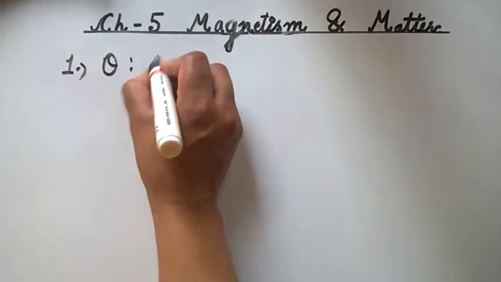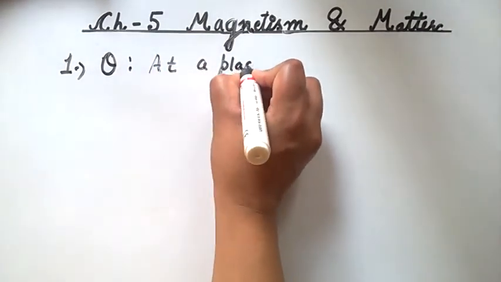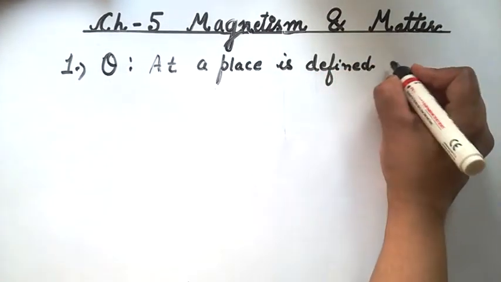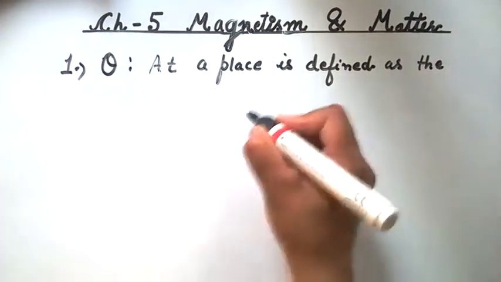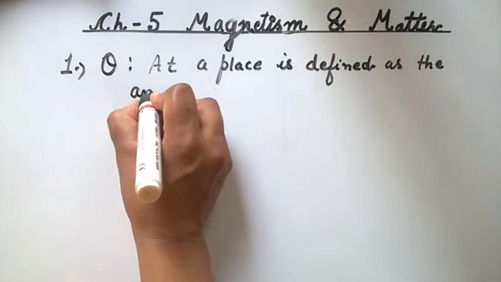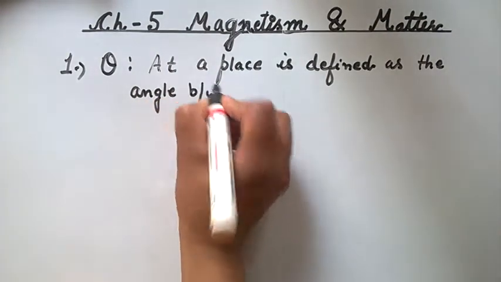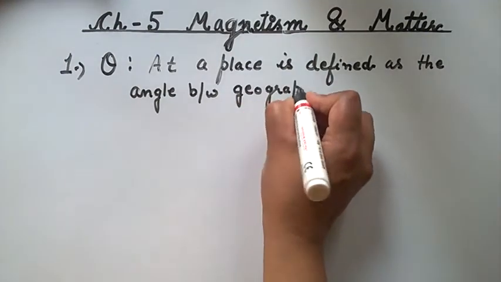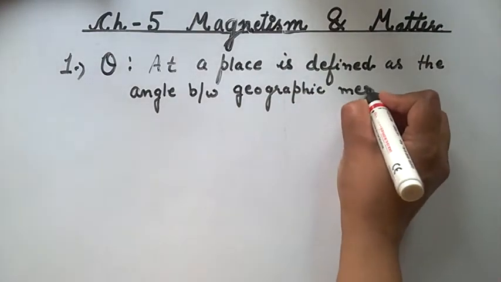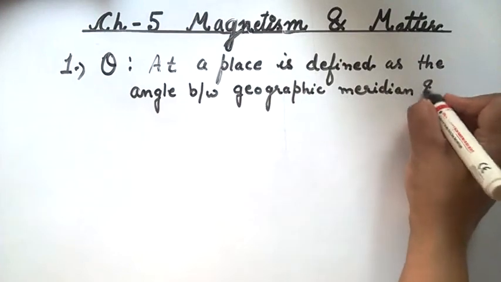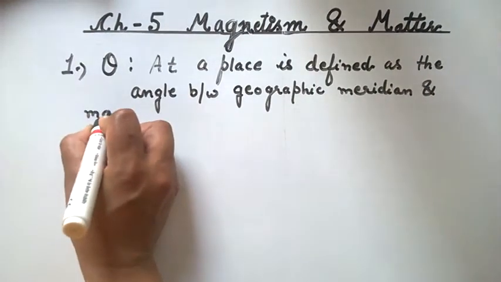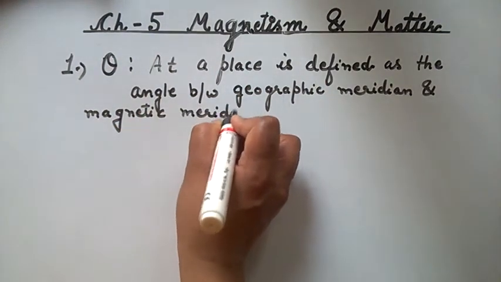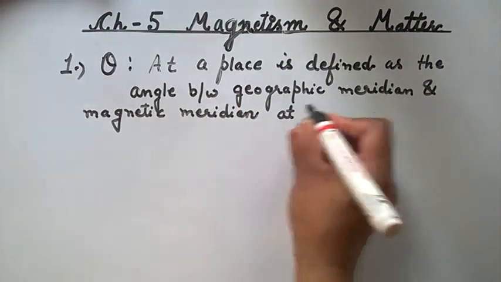It at a place is defined as the angle between geographic meridian and magnetic meridian at the given place.